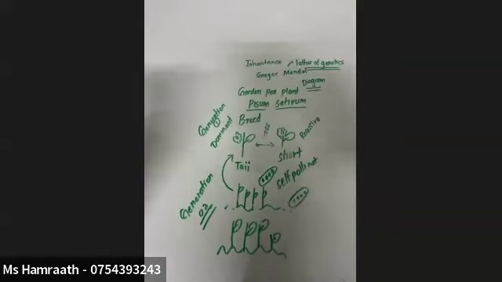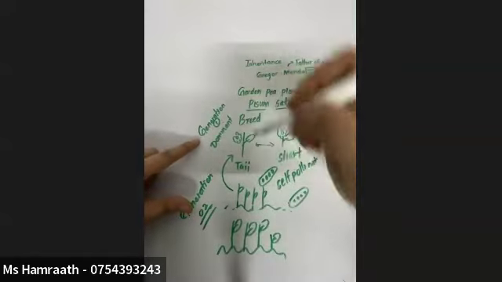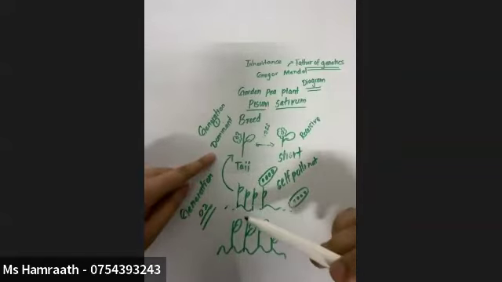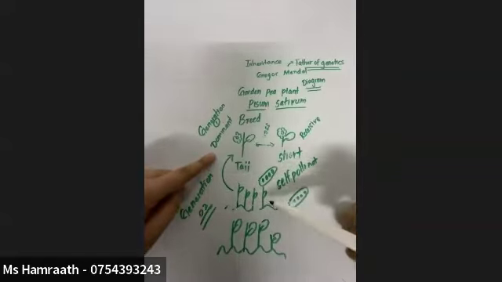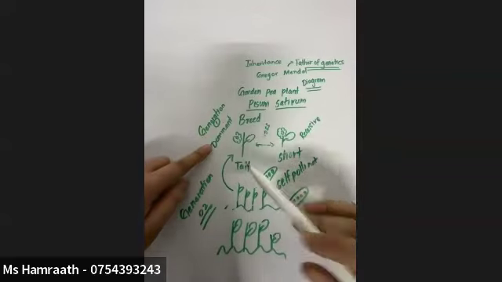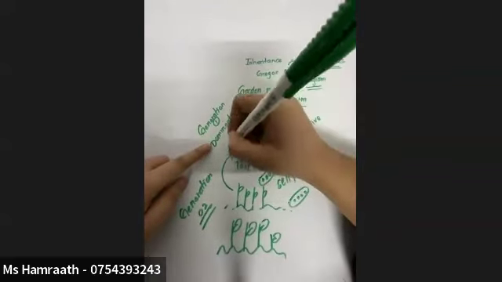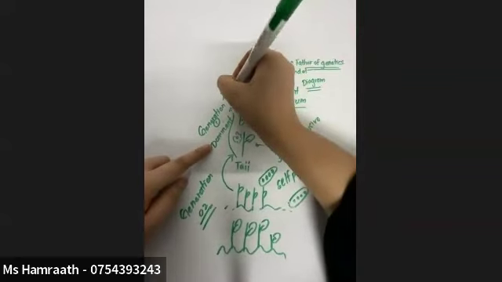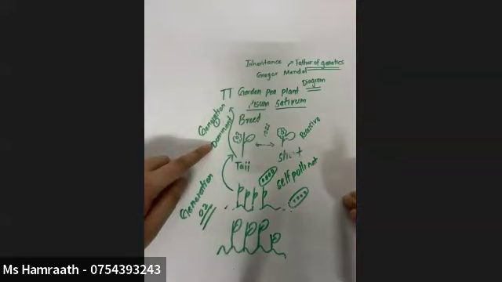Now how do you represent it? In the first generation, everything was tall. So who is dominant? Tall is dominant. So you represent tall by a capital T.